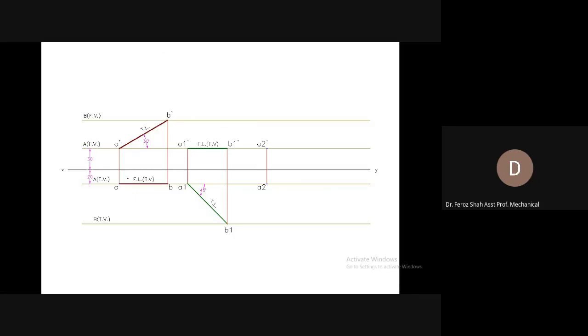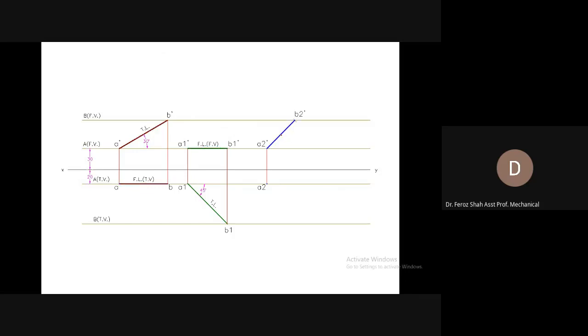Now take this distance of the front view with the help of the compass, measure it and place it. Start with this as a center and radius equal to A1 dash B1 dash.